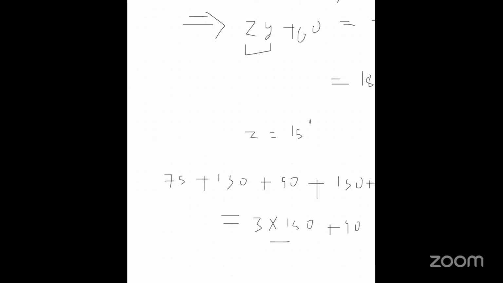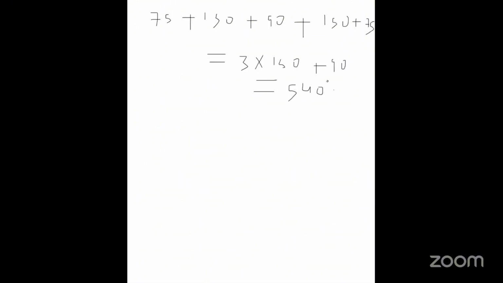So for a convex pentagon, the sum of all angles should be 540 degrees. In general, if you have an n-gon, you can fix a vertex, draw all triangles to get a triangulation, and each of the triangles has 180 degrees for angles.